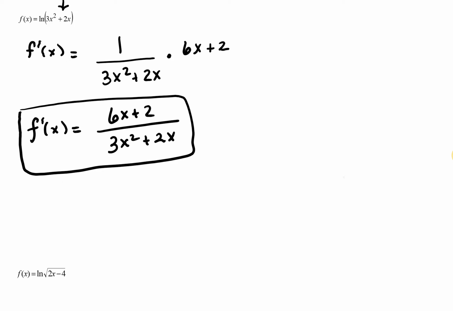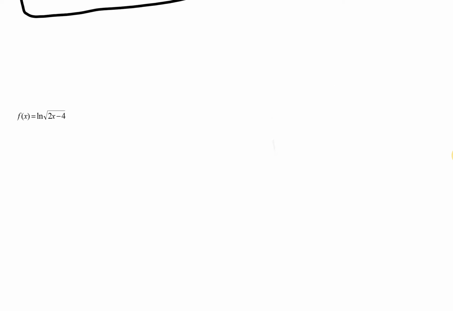Okay, now let's take a look at one last example. And this one right here is actually really nice, because you're dealing again with a square root function. So what I'm going to do first is rewrite it. Well, actually, let's forget the rewriting part. Let's just dive in and take the derivative. I thought about it for a second and I changed my mind.